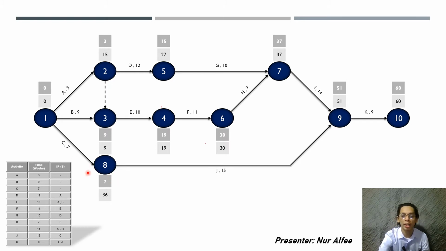Next, 7 plus 15 equals 22. So 22 compared with 51, 51 is the longest one. So we write down 51 up here. Next, 51 plus 9 equals 60.